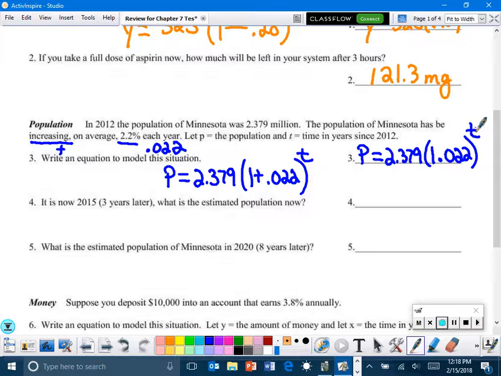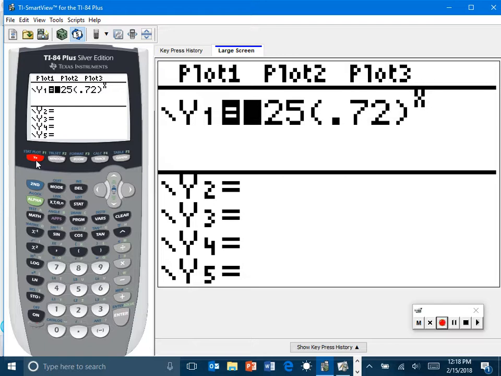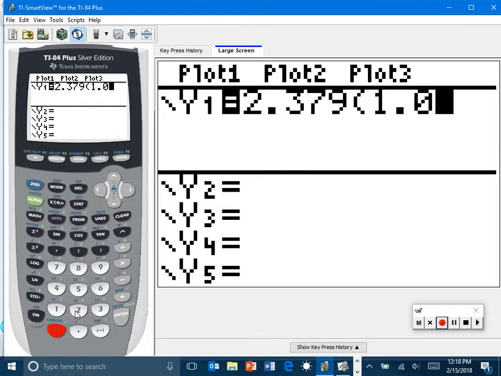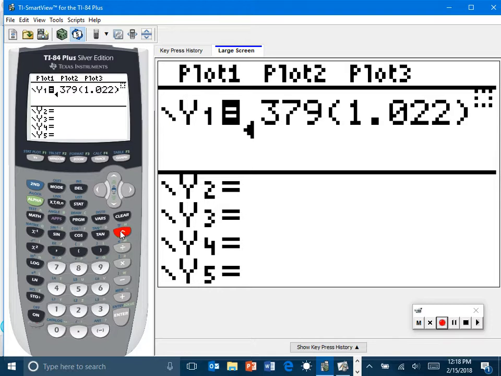Number 4. It is now 2015, 3 years later. What is the estimated population now? So we're going to use our calculator, go back to our y equals, clear out the old problem, 2.379 times 1.022, close it, and I am going to raise that to the x power.